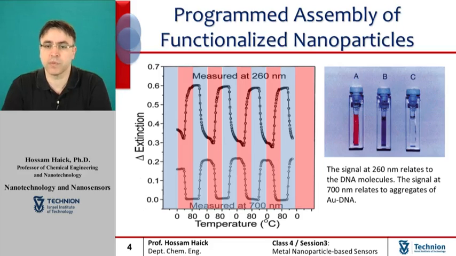This process is repeatable when heating and cooling the system. The change in the optical properties is also visible when looking at the color changes of the solution. All in all, DNA-capped gold nanoparticles are a promising platform for the detection of DNA strands by controlling the temperature of the solution of the DNA-modified nanoparticles.